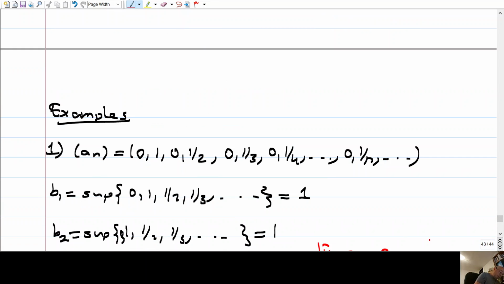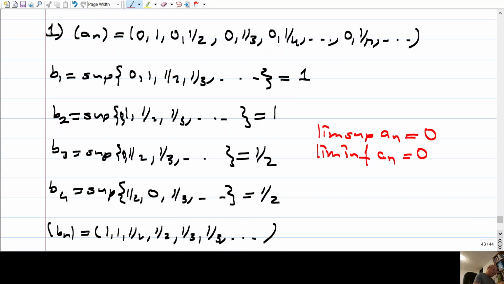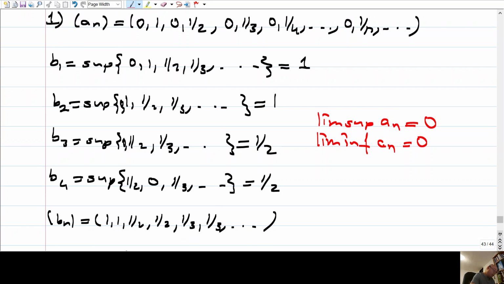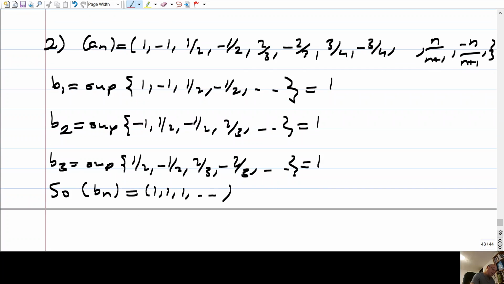And lim inf an, it was the constant sequence, and it was again 0, so the limits are equal and both 0. And if you notice, in this case our sequence is convergent to 0, so to the same limit, right?